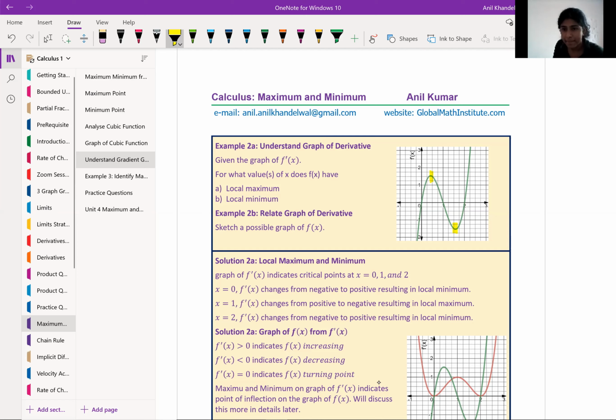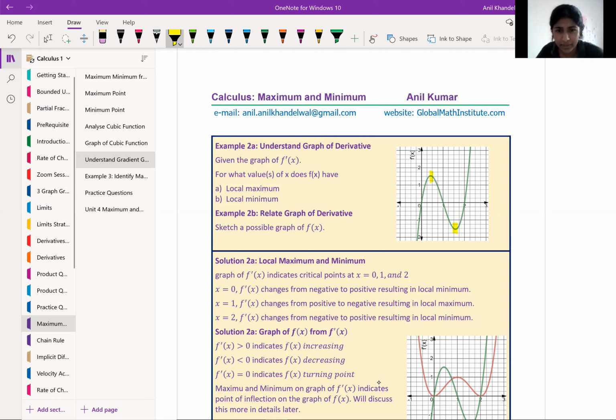In fact, the graph of the derivative is before you. So now you will identify the critical points and begin from there, and then analyze the critical points to find local maximum and local minimum. Do you get the idea? Yeah. Now tell me, what are the critical points from the graph of the derivative of the function f prime x?